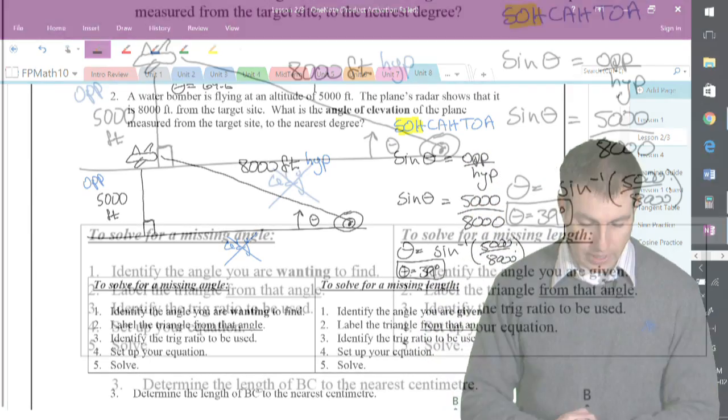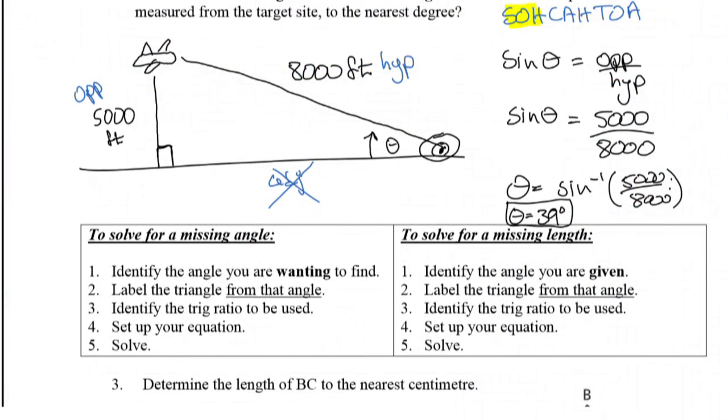So to find a missing angle, the first half of our chart here, we want to first identify the angle you want to find. That's going to be our reference angle. We're going to label all of the sides on our triangle from that angle. Once we've figured out which 2 sides we have, that is the trig ratio we use.